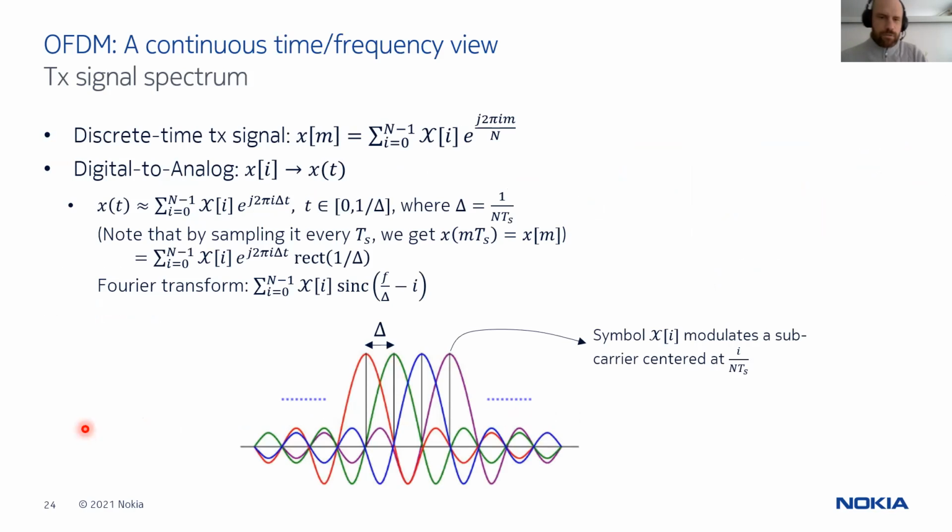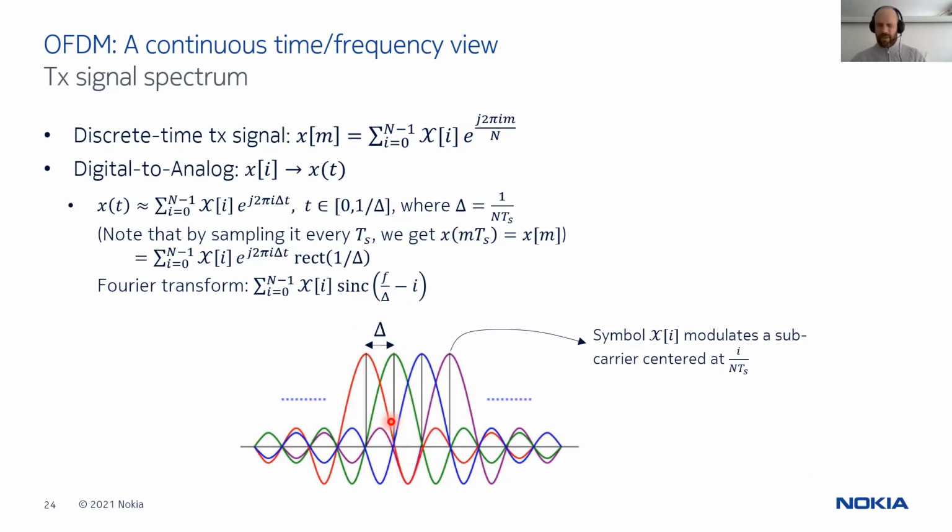Then I also want to tell you one more thing about this OFDM. If you search for OFDM on the web, most of the time you encounter this figure, where they talk about the spectrum of an OFDM signal.